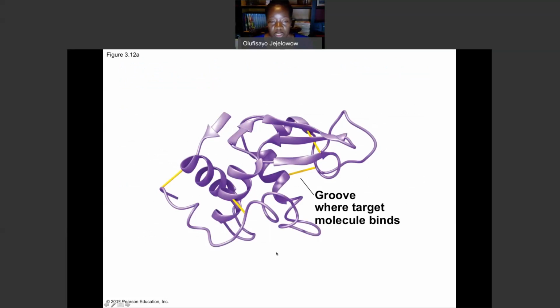So proteins have different levels of organization, and their function depends on their shape. So look at this protein molecule, for instance. It has grooves here where the target molecules bind. If you raise the temperature or pour an acid and change that shape, the groove will no longer be there to fit the molecules that normally bind, and the enzyme will not function.